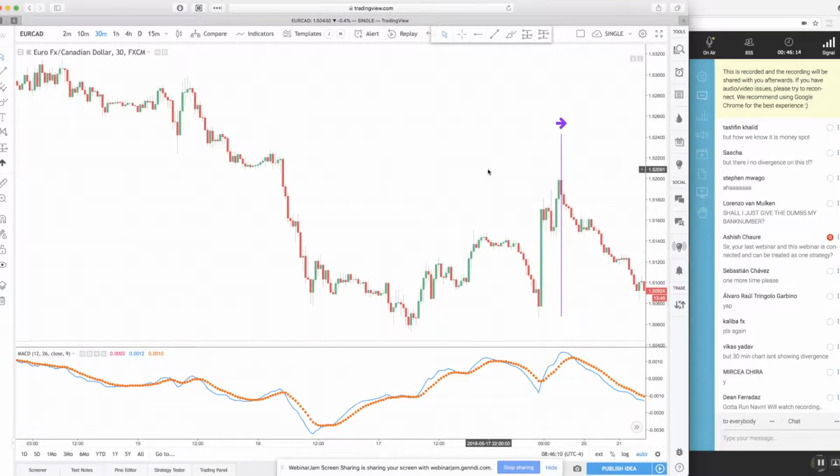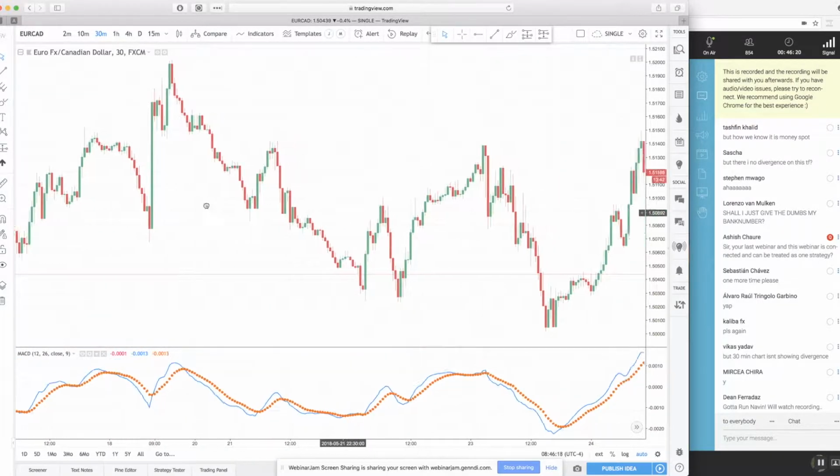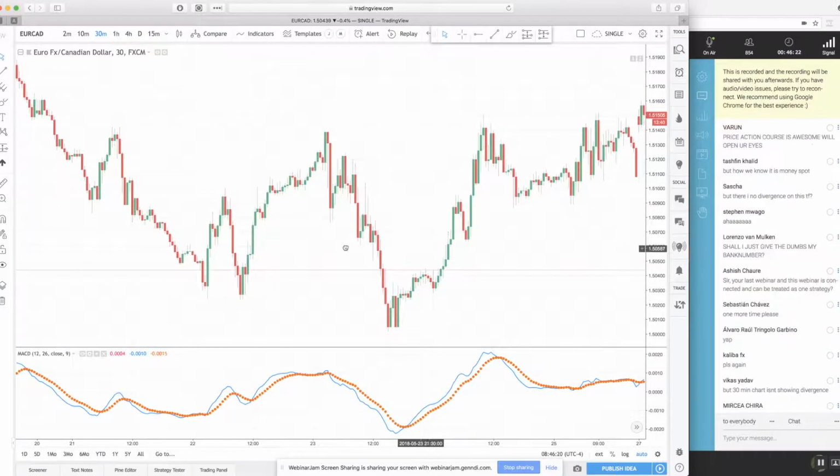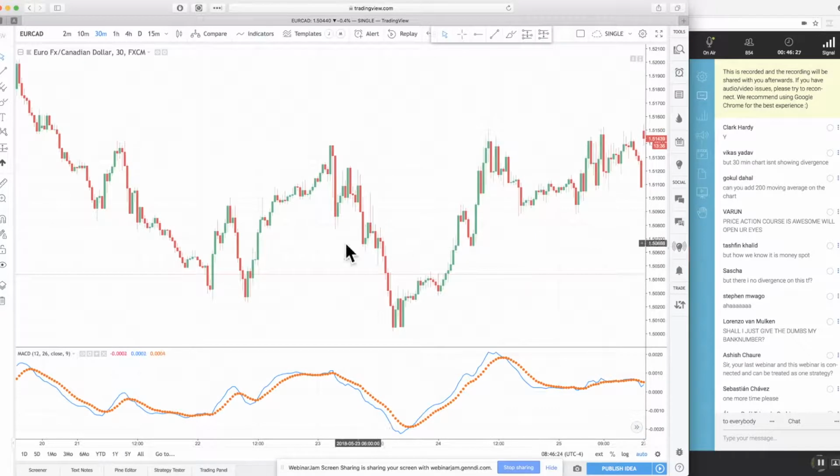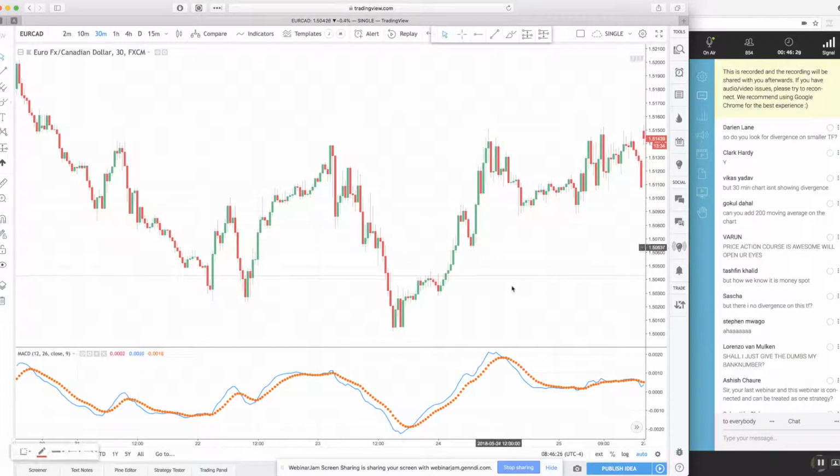All right, so now let's take a look at another example. In the same concept, let's take a look at it in an uptrend. Would you guys say this is an uptrend here? If you just wake up in the morning, you look at this, you're like, okay, here's a high, here's a high, here's a low, here's a low.